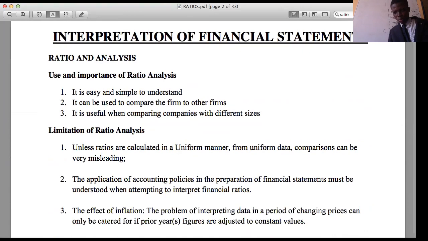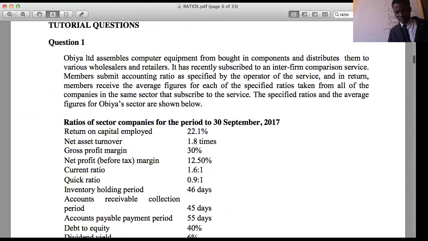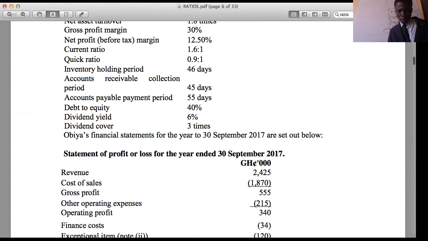So I'll probably walk you through some of the exam standard questions for you to know.